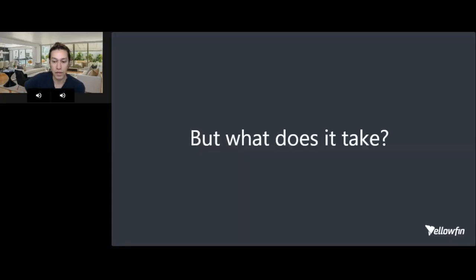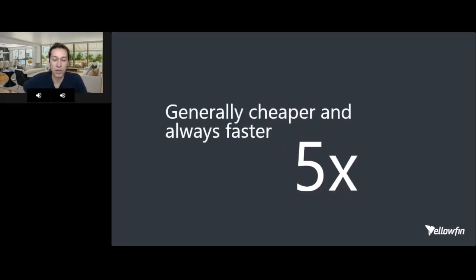So what does it take? What does it take to really make this work? And the answer is execution. At the end of the day, execution is arguably the most important aspect of any project. And embedded analytics projects are no different. But I will say embedded analytics projects are generally cheaper and always faster than traditional projects.